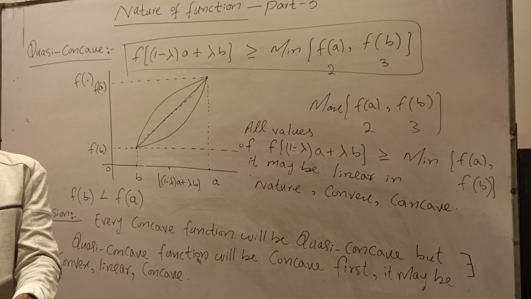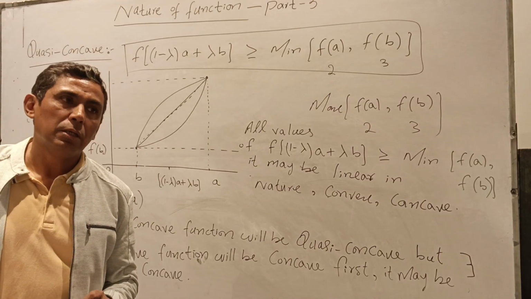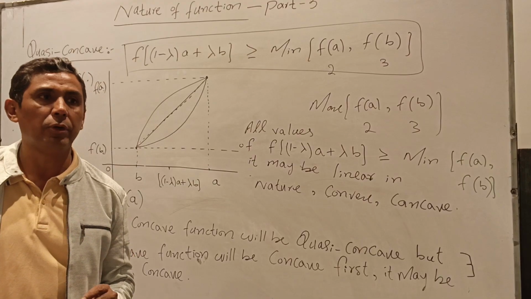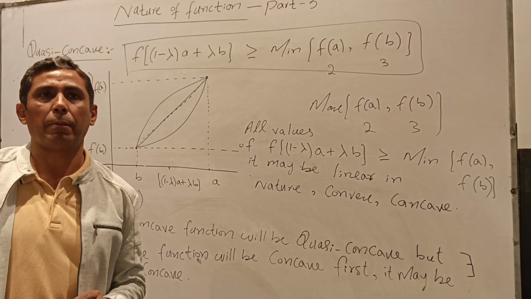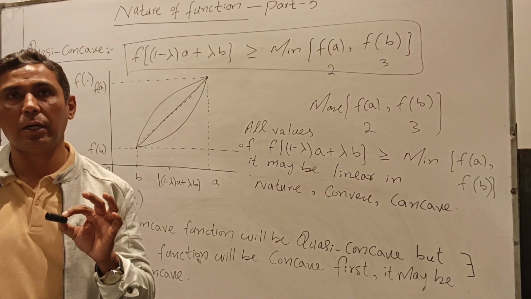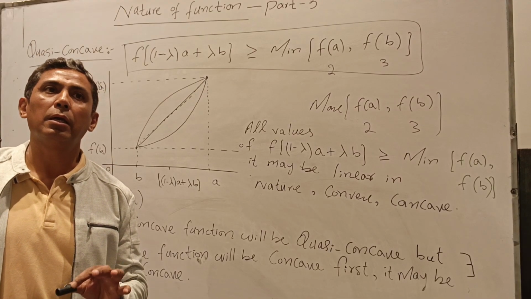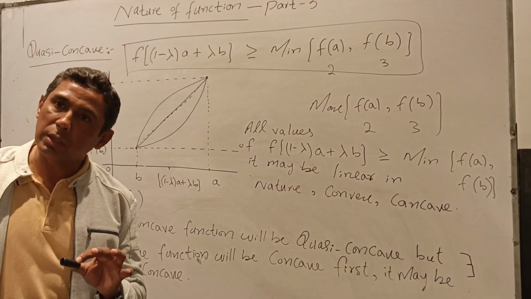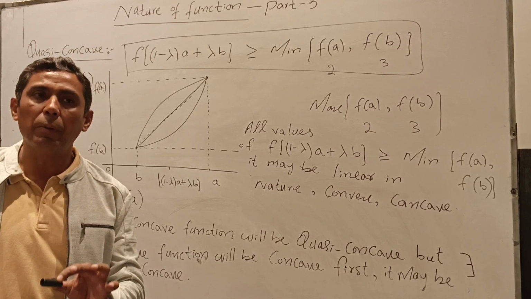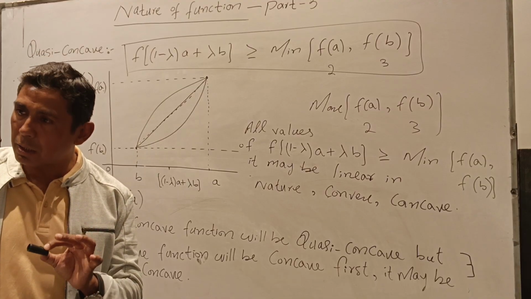Because in the case of concave and convex, we are strict and not relaxed that initially our function may be linear, convex or concave. So we relax our assumption and adopt a weaker notion that our function is quasi-concave.